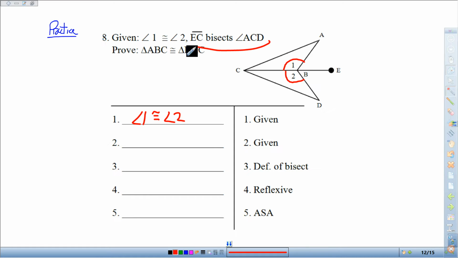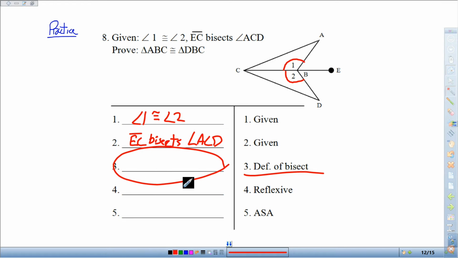So moving on, we have our next piece of given information that EC bisects angle ACD. Okay, why do we know that? It's been given to us. But bisecting, hopefully immediately you think, oh, when something's bisected, my very next reason is going to be definition of bisect. And I'm going to be able to get some congruent parts for my statement.